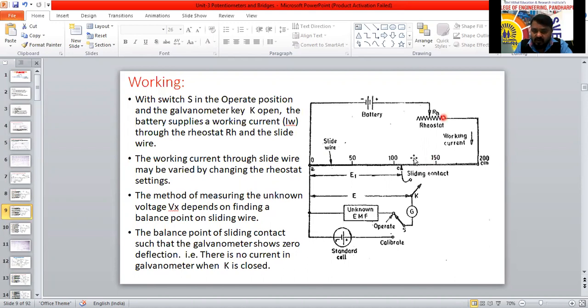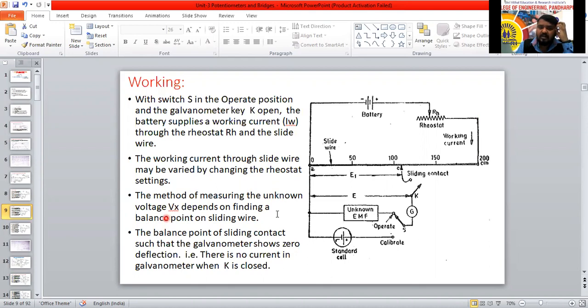We can vary the current flowing here. By increasing or decreasing, it varies inversely: if RH is increased, I decreases; if RH is decreased, I increases. But before connecting the galvanometer or potentiometer, by varying this we will set the current constant.